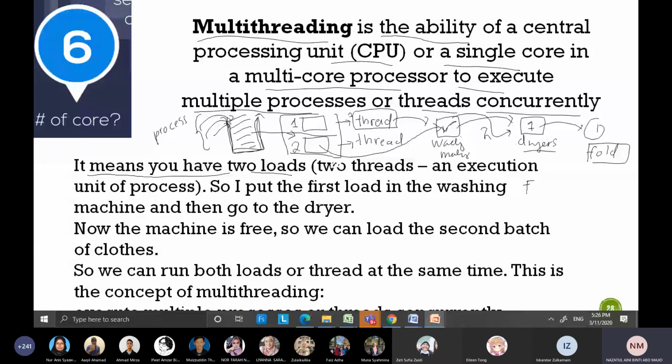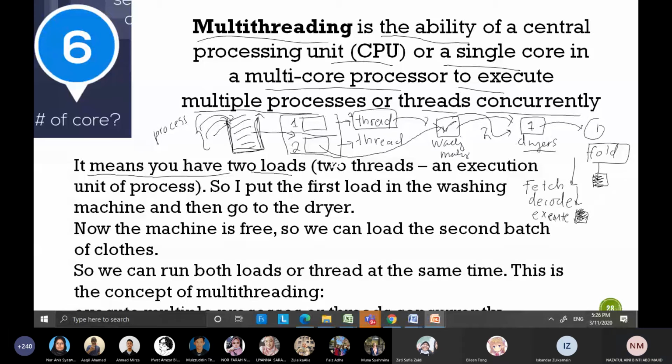For example, fetch, decode, execute. When one thread is fetched, it will go to decode and then execute. But at this stage, another thread can go to be fetched.